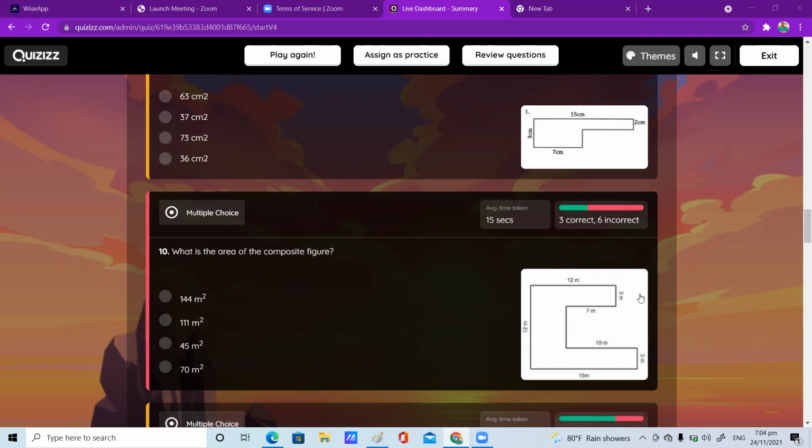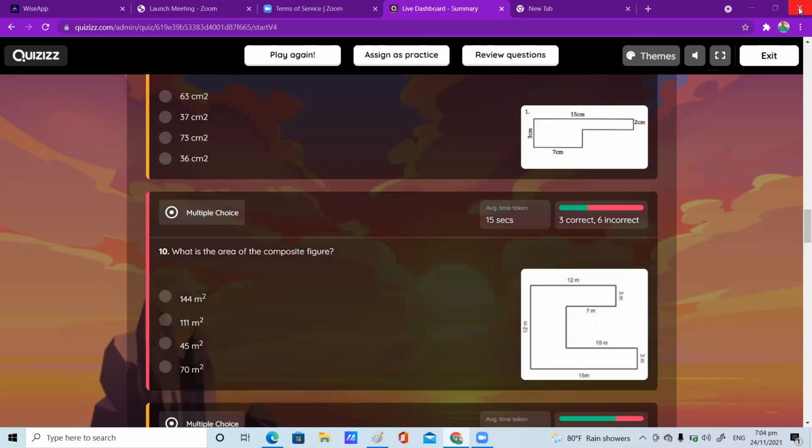The next bit, it shows the area. We have to find the area, so we can divide this figure. You can either divide it like 12 into 3 or 7 into 3.